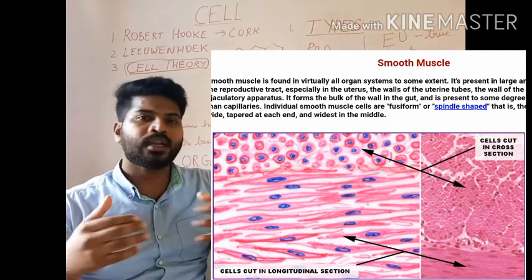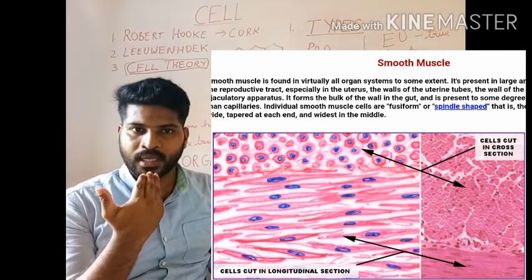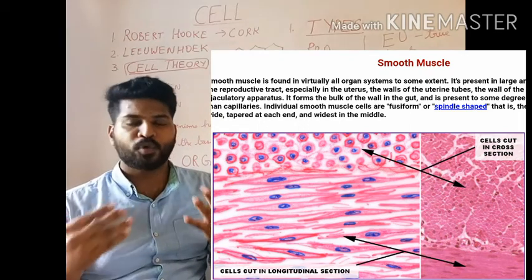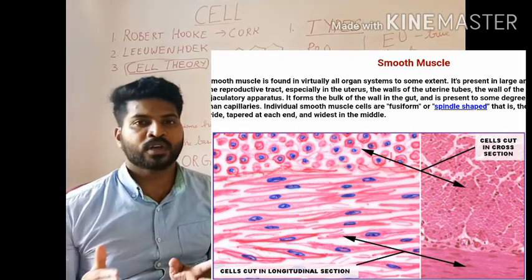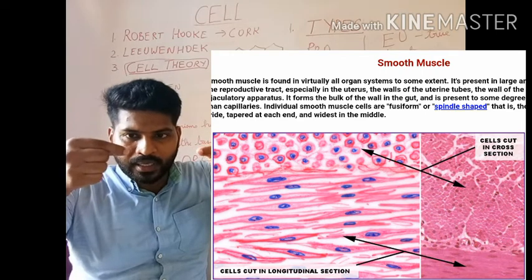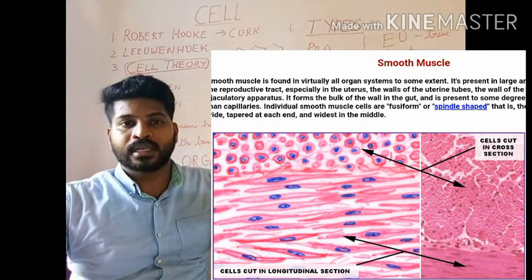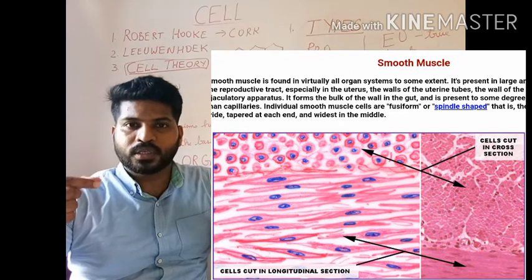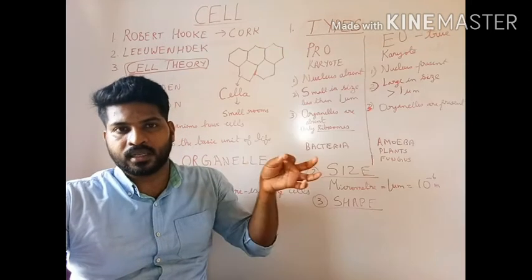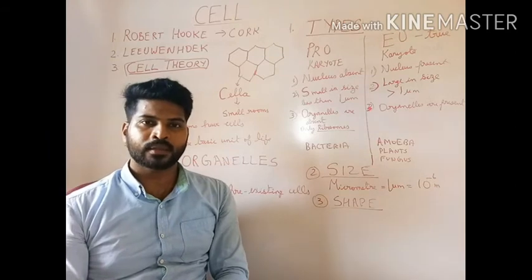Because of this contraction and relaxation, I am able to speak, I am able to move my hand, move my eyes, etc. So that is the function of the muscles. This spindle shape of the cell will help in contracting and relaxing, and it also gives the property of elasticity like a rubber band.